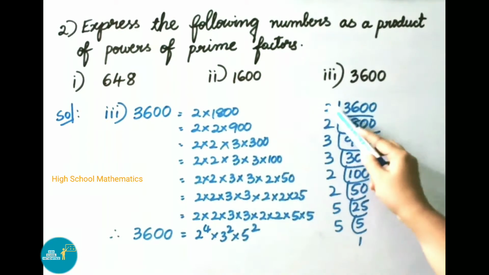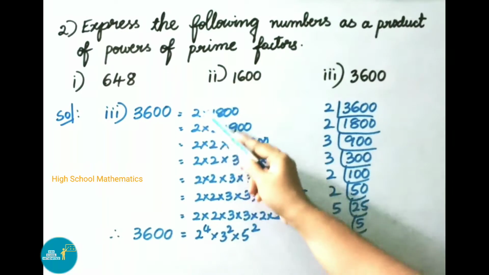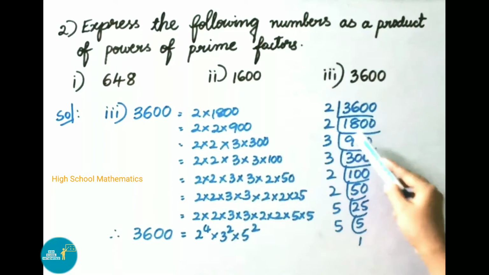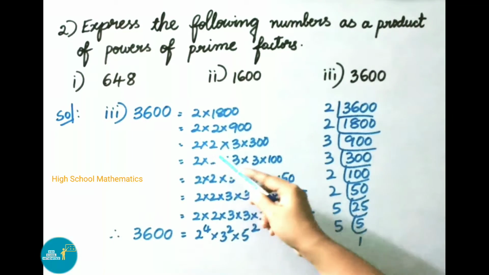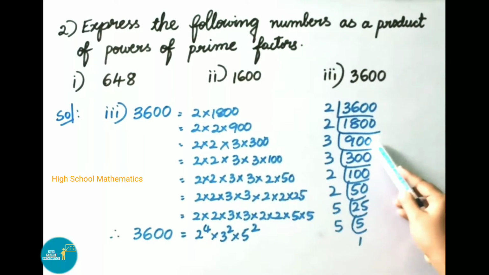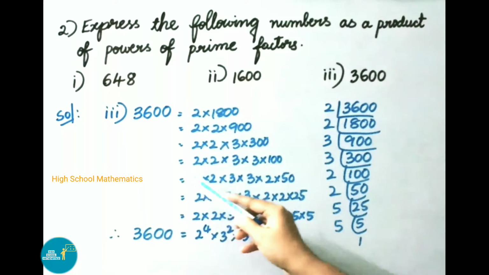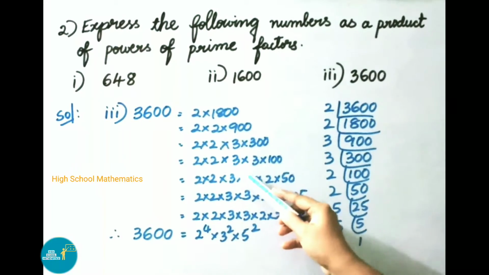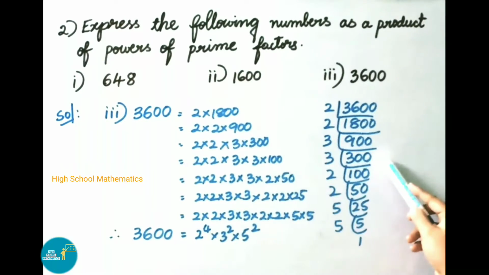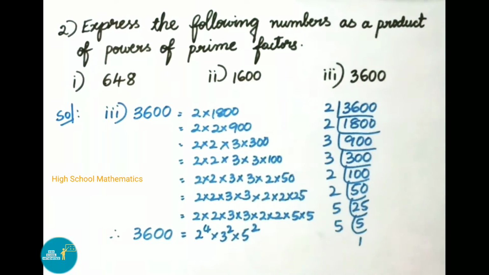3600 can be written as 2 into 1800, that equals 2 into 1800 can be written as 2 into 900, that equals 2 multiplied 2 times into 900 can be written as 3 into 300, that equals 2 multiplied 2 times into 3 into 300 can be written as 3 into 100, that equals 2 multiplied 2 times into 3 multiplied 2 times into 100 can be written as 2 into 50. That equals 2 multiplied 2 times, 3 multiplied 2 times, 2 into 50 can be written as 2 into 25.